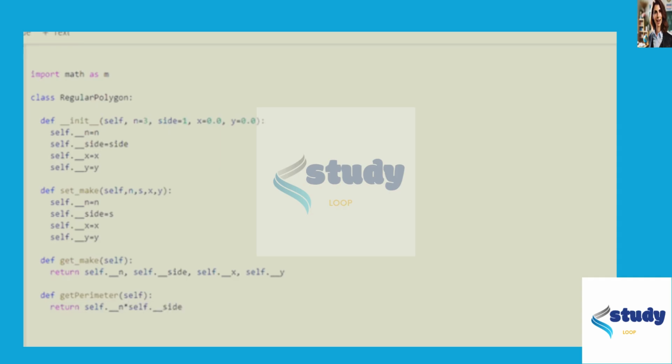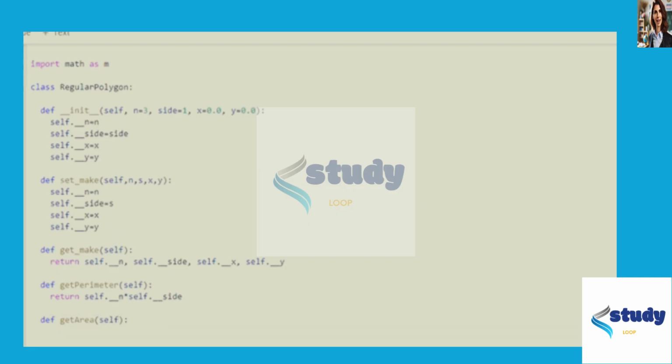Okay, similarly we can define a method, that is our get area, and the area's formula is given to us, and for this we need our math that we have imported there. For using the tan function we need this math, and similarly for the pi value.